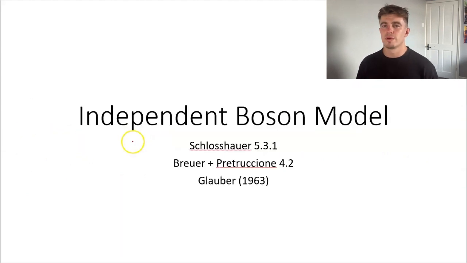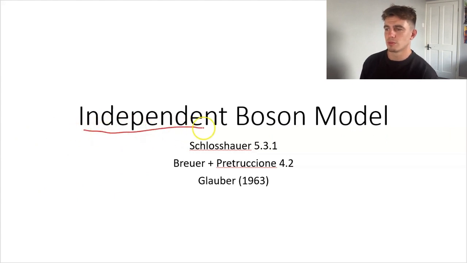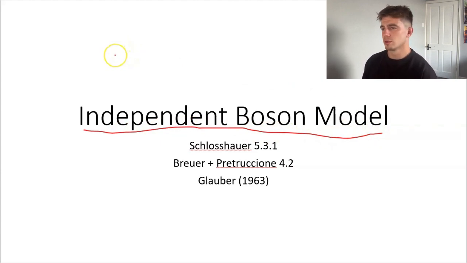So that's been a fairly quick and brief introduction to the independent boson model. As I said at the start, the reason why I'm interested in this model is because it's analytically solvable, and it lets me test a method of probing heat statistics and work statistics.